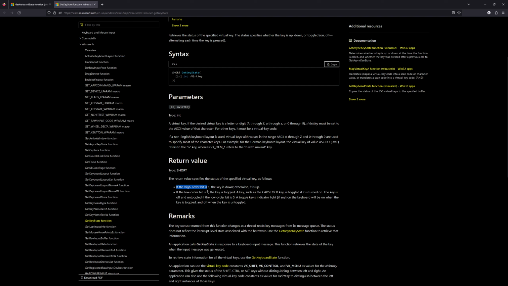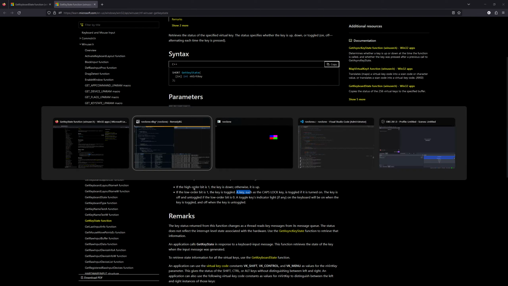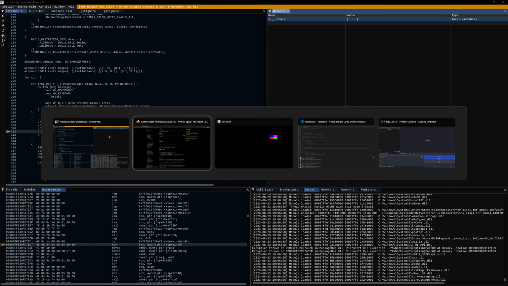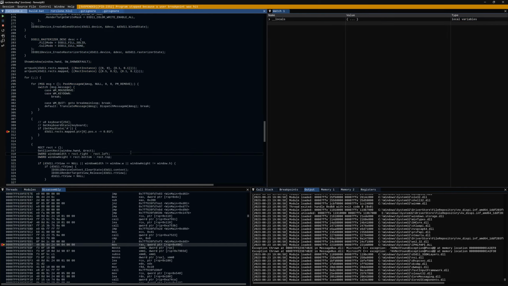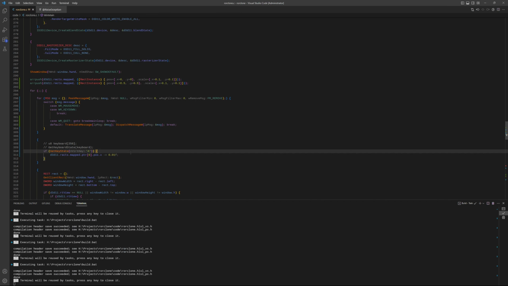If the high order bit is 1, the key is down, otherwise it is up. If the low order bit is 1, the key is toggled. A key such as caps lock is toggled or is turned on. So, alright, let's actually see what that is in here. Just a short.